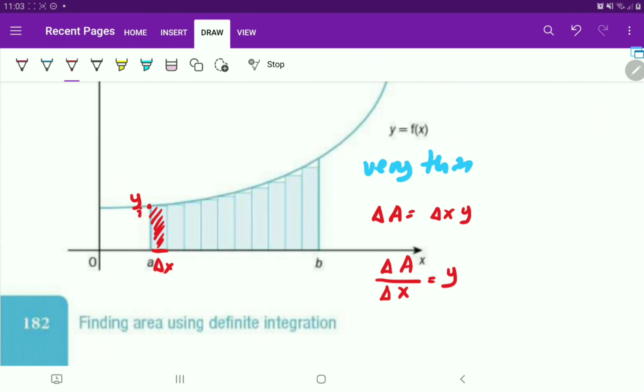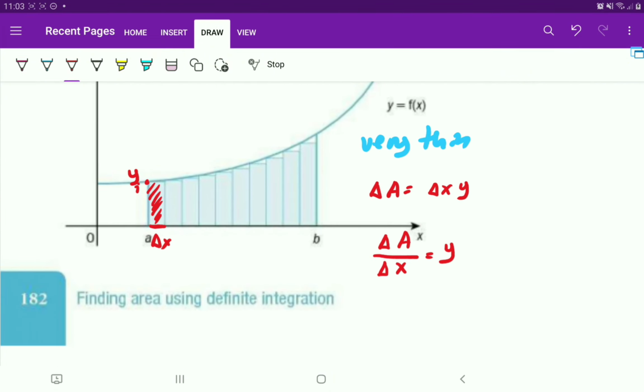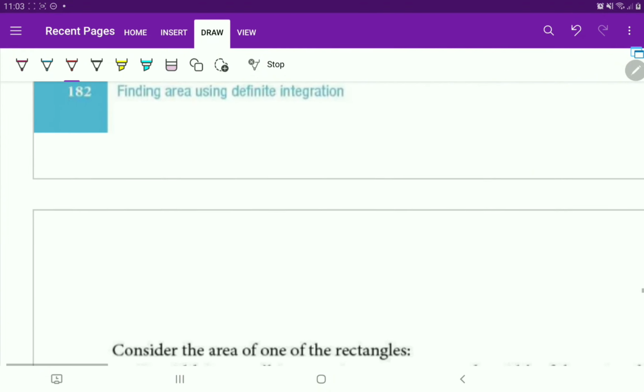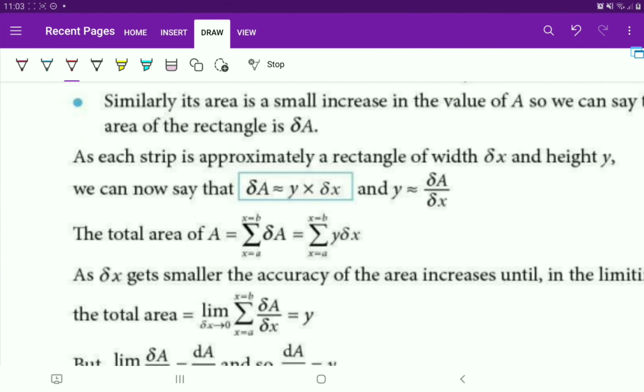Now, if the limit of this approaches 0, meaning if delta x becomes very, very small, if you keep on dividing this into very small pieces, then the limit as delta x approaches 0 will be equal to your y, correct?